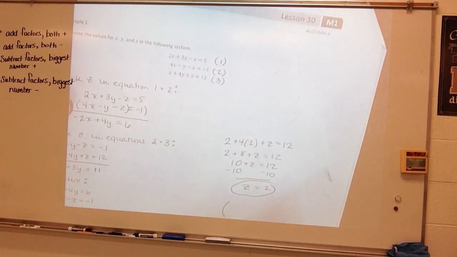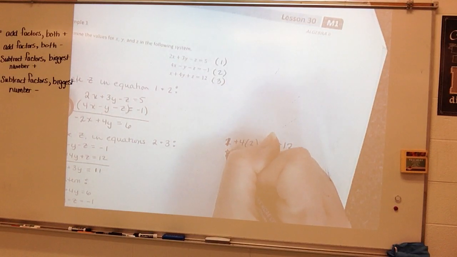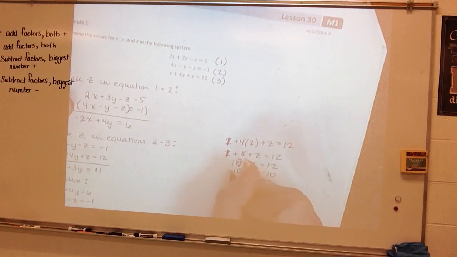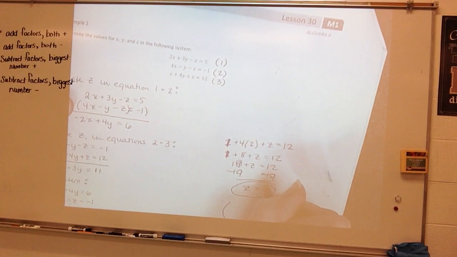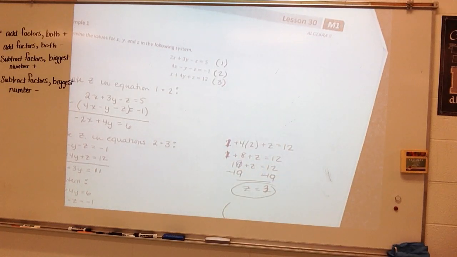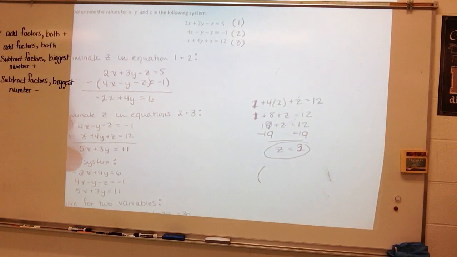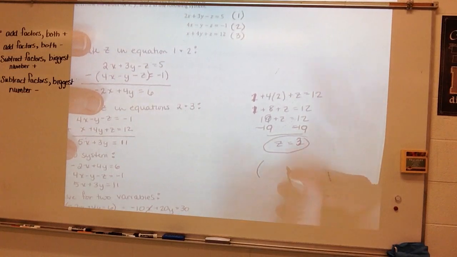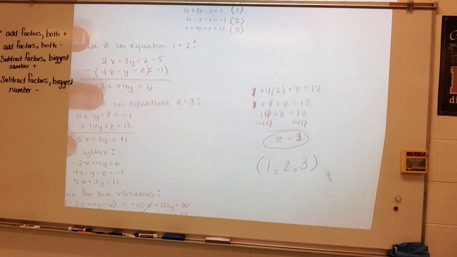Sorry. So I get 9, subtract 9, and I get z is equal to 3. I thought it was weird that they all three equaled the same. Alright, so I would write these in order of x, y, z.